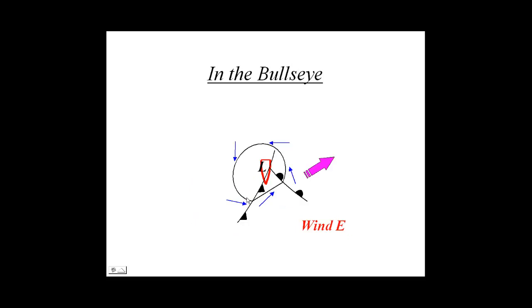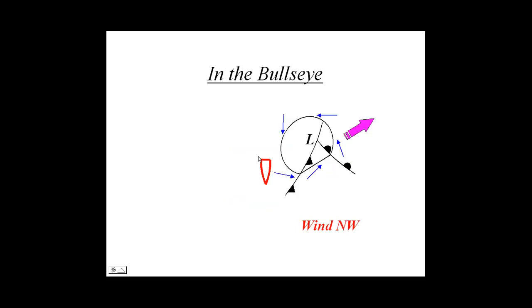Now, the low pressure system has now traveled over you, and the wind is still basically going to be from the east. It may be starting to shift to the northeast somewhat. And as we go one further step, as the wind passes you, it shifts to the west, to the northwest on your starboard side.